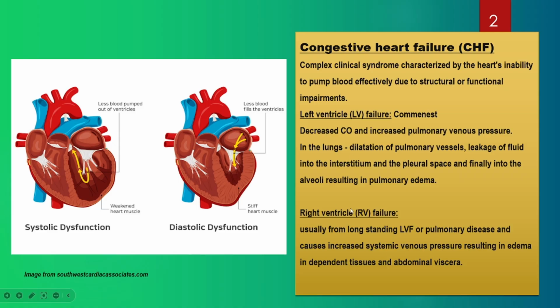Unlike left ventricular failure, in right ventricular failure there will be increased systemic venous pressure, resulting in edema in dependent tissues and abdominal viscera. Most of the chest X-ray findings are due to increased pulmonary venous pressure in left ventricular failure.